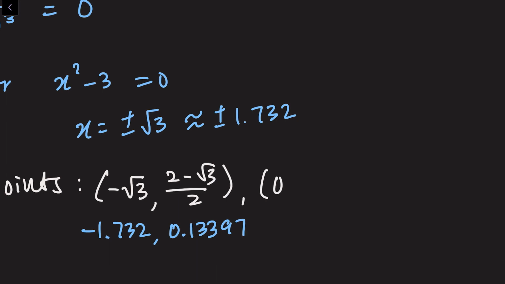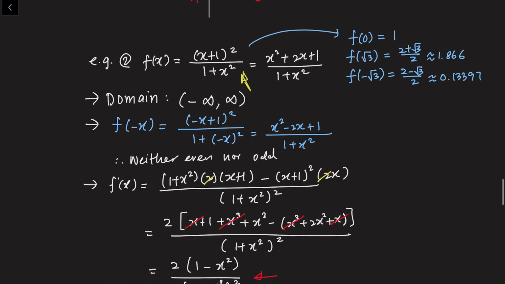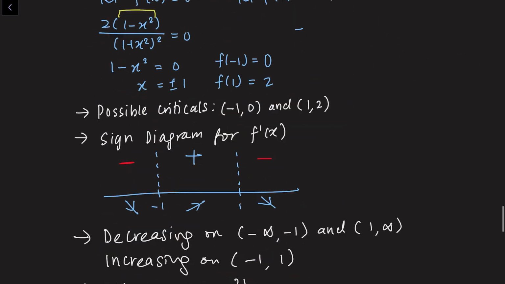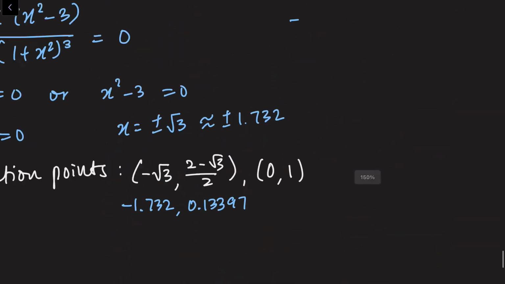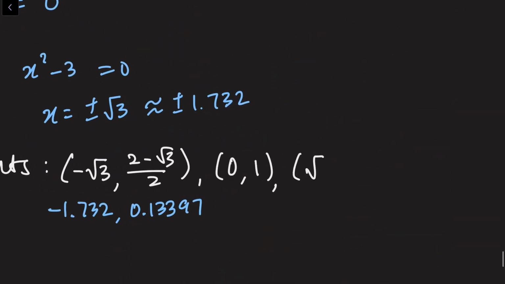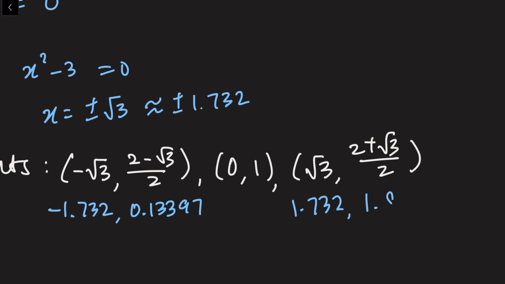Then we have 0, 1, am I right? 0, 1. And the last one is 1.732 and 1.866, which is root 3 over 2.